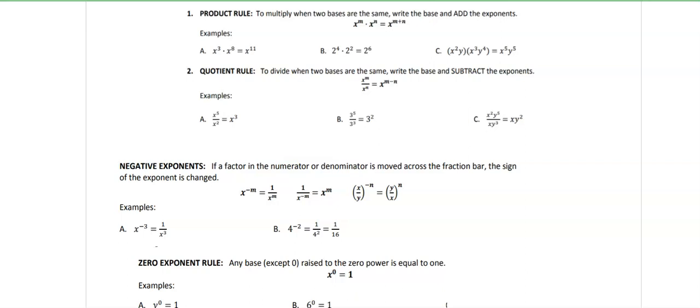We have the quotient rule: when we're dividing two bases that are the same, we can subtract the exponents. We have negative exponents, where you just flip it across the fraction part to make it either negative or positive, the opposite of whatever you started with. And we have the zero exponent rule, that anything to the 0th power is equal to 1.